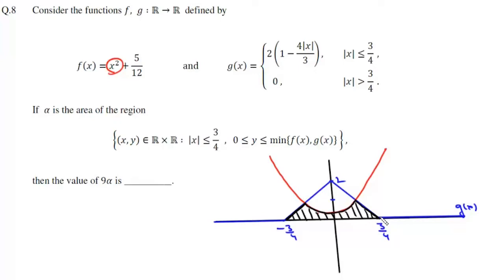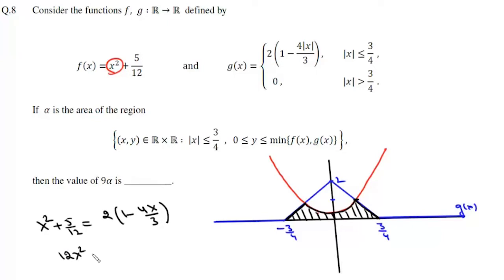Now there is a definite symmetry in this question. So area on the left is the same as area on the right. So we'll simply solve the area on the right, and for this we'll find this point of intersection. So this curve f(x) is x square plus 5 by 12, and it will be equal to this straight line which is 2 into 1 minus 4x by 3.